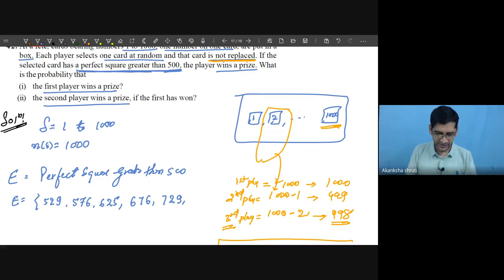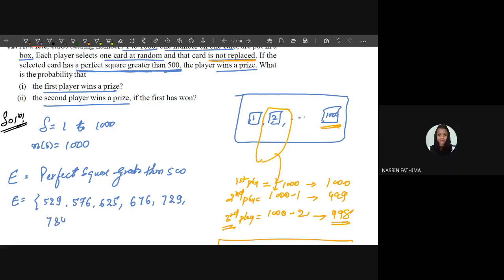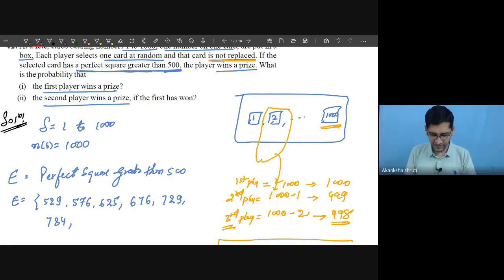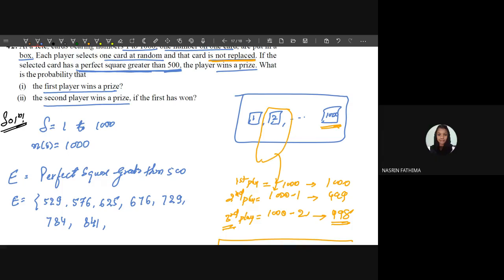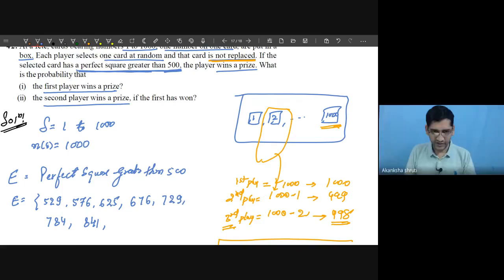So right, the next one is our 28 square. What is that? 784. Very good. Then our 29 square. What is that? Yes, 841. Very good. Then the next one is 30 square. 900. Very good.